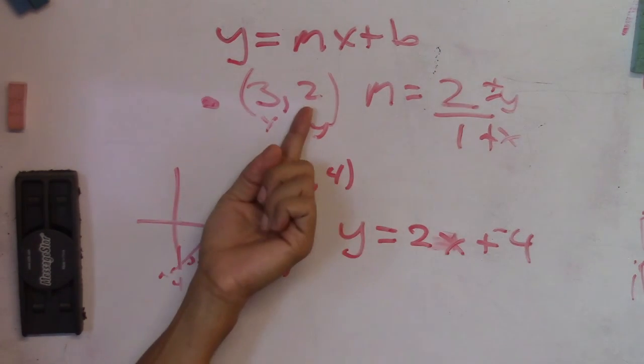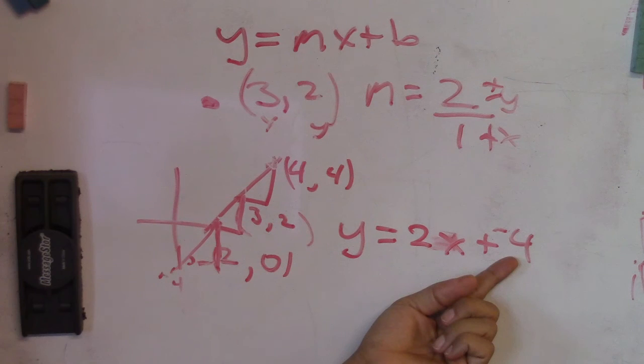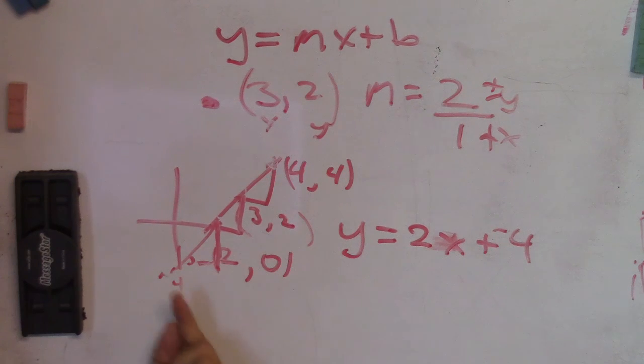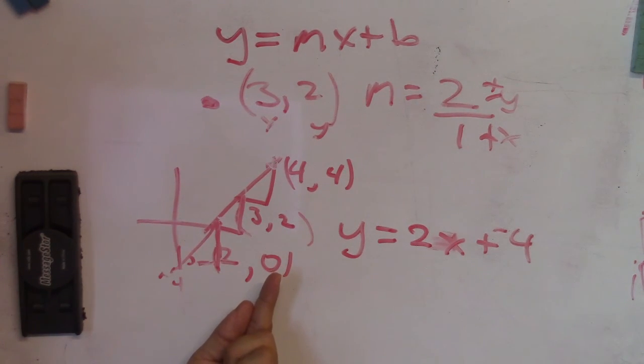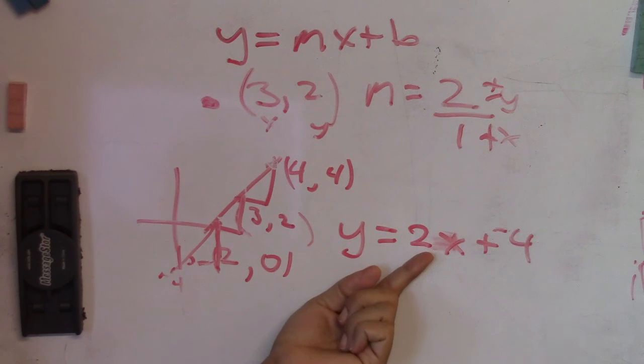Okay, but it's not 6, it's 2. So what do I have to do? I got a minus 4. Yep. Make sense? Right? So you see why I don't have to do it over and over again? I can use mathematics to figure out my formula. Okay. So because once I know, I'm done.